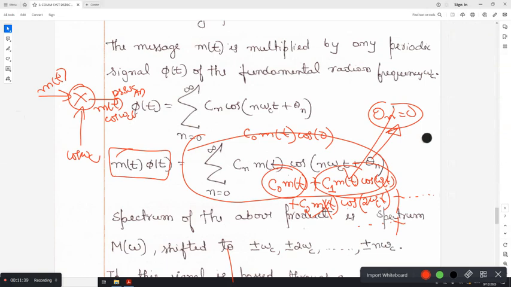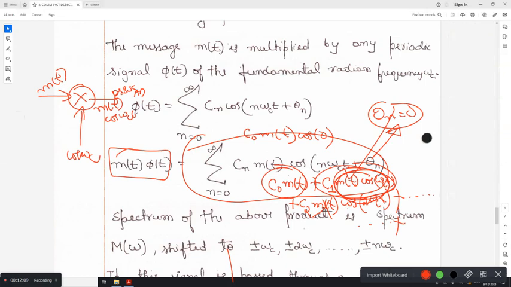That means once you multiply this, you are passing it through a band pass filter. What is the cutoff frequency? Suppose your baseband frequency is B. What passband do you require?